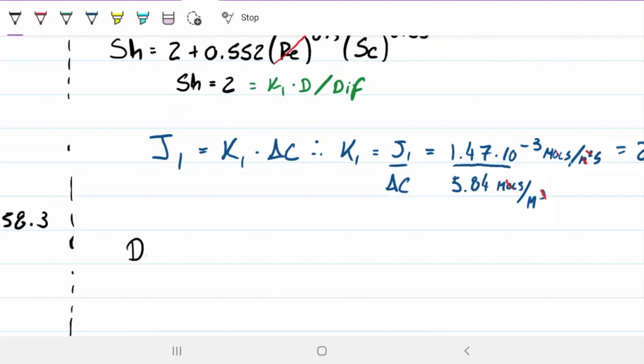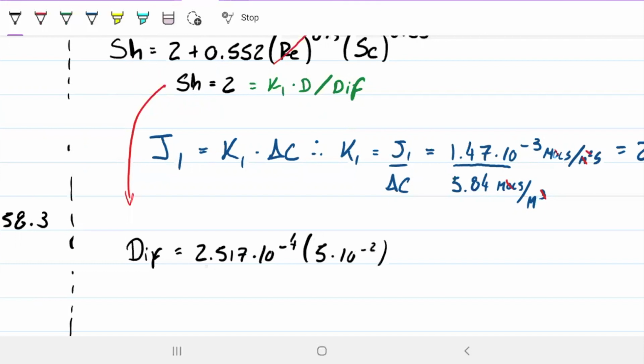Because the diffusion coefficient, continuing from this relationship here, will be equal to K1 that we just found, 2.517 times 10 to the minus 4, multiplied by the diameter of the ball. It's 5 times 10 to the minus 2.